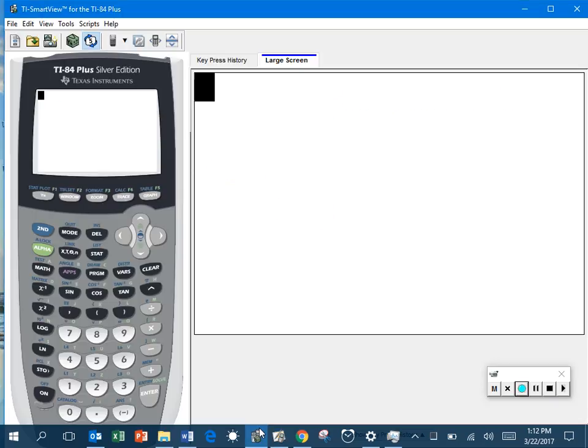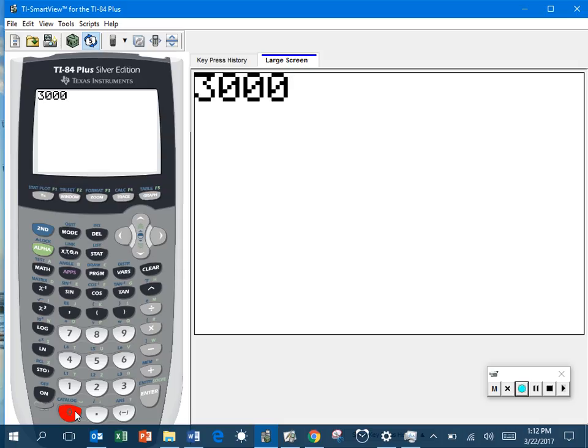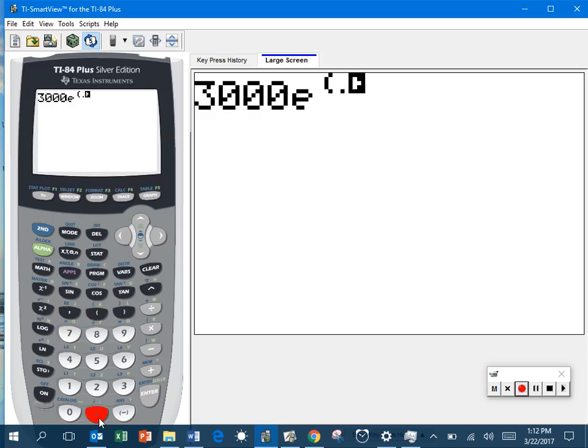Here we go. So 3,000, and then we're going to use the e, parentheses, make sure you use parentheses, 0.035 times 3, close it.